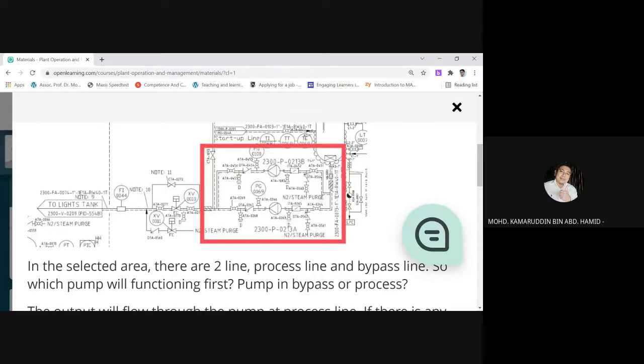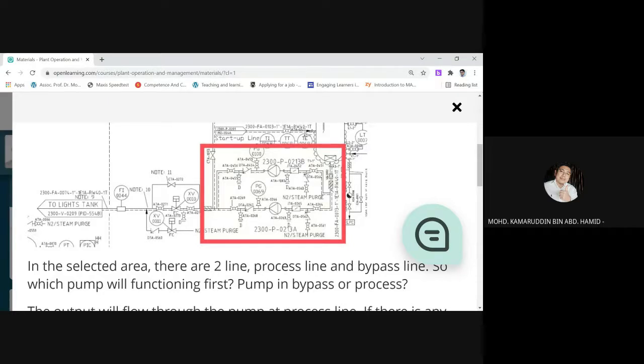Sebab tu, if you have a less efficient pump, energy akan banyak terbuang kepada jadi heat. You will lose energy in the form of heat, since you can neither create nor destroy the energy, but it can be transformed into another form of energy.